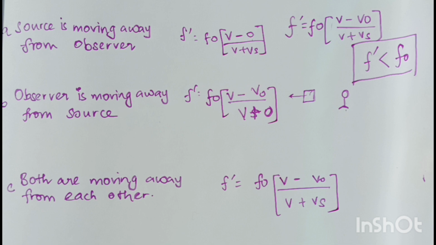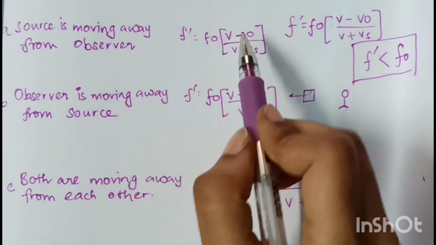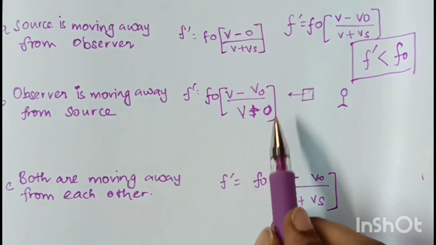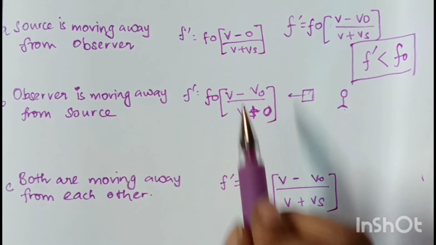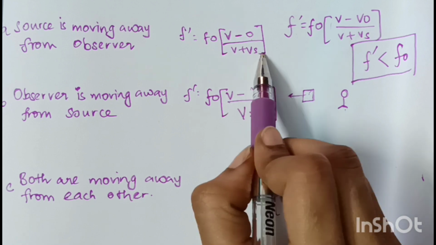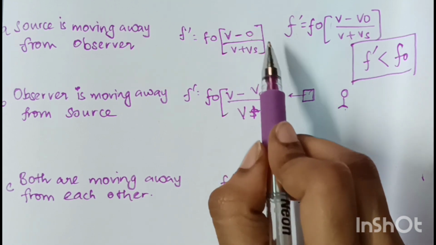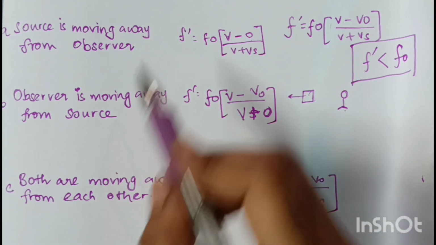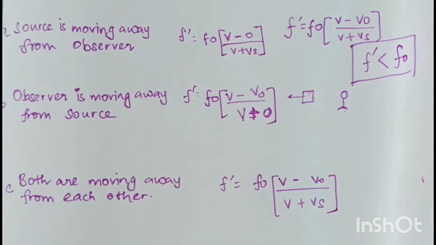Because we have to make the denominator increase. If v is 330 and the velocity of the source is 30, then it will be 330 by (330 plus 30), so it will be 330 by 360. That value is lesser than 1, so f dash will be lesser than fo. That is what we want.